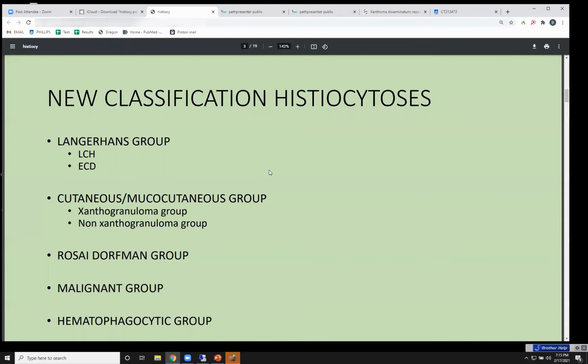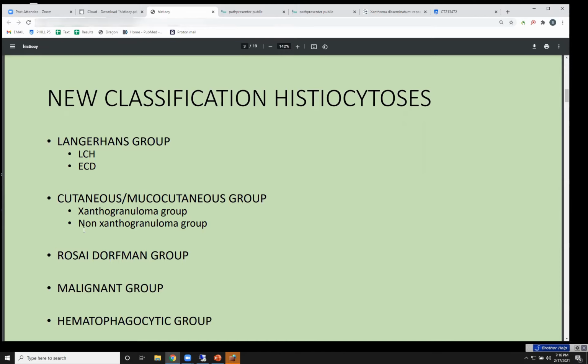So let's just go back to this classification before we start the slides. The first group is the Langerhans cell group, which is Langerhans cell histiocytosis and Erdheim-Chester. The second is the cutaneous or mucocutaneous group, where the first subtype is the xanthogranuloma group, and those are adult or juvenile xanthogranuloma, reticular histiocytoma, and importantly in this, purely cutaneous Rosai-Dorfman.